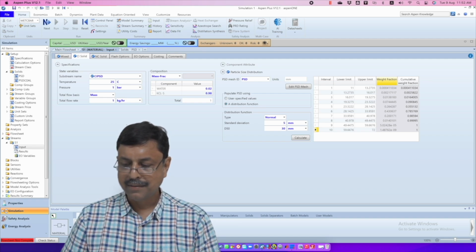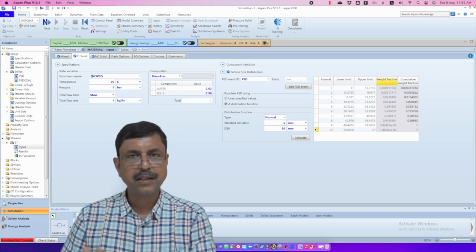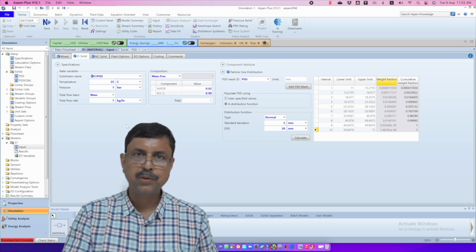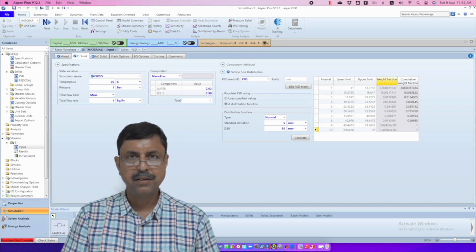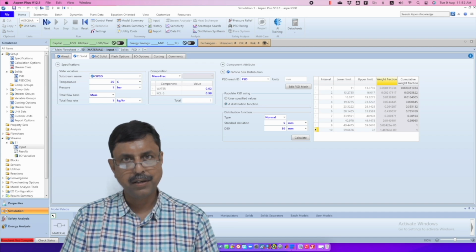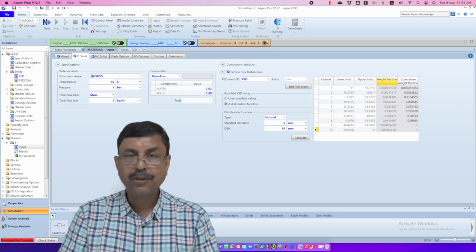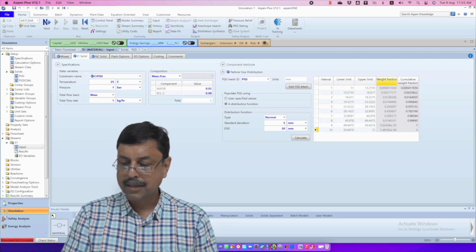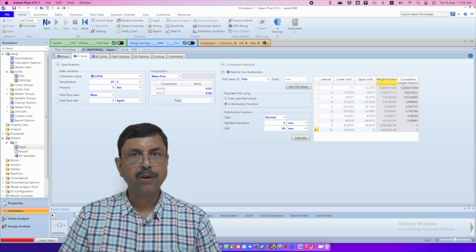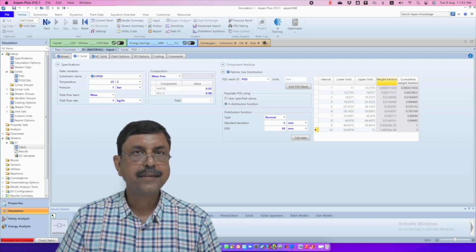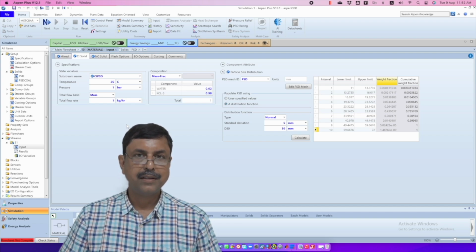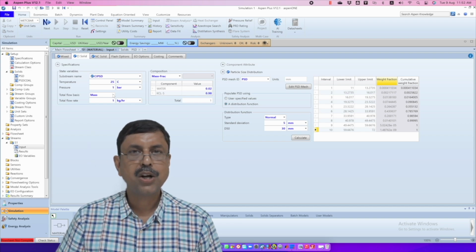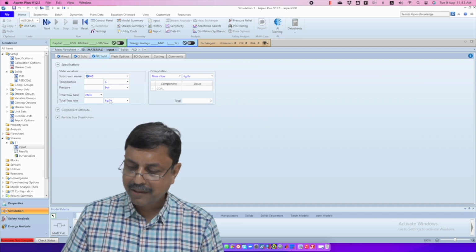Either you change it to 25 and 1, or you change the mixed stream to 30 degrees centigrade and 2 bar. This knowledge is very important. Please remember that the temperature and pressure of all the substreams should be the same in order for the input specification to be complete.